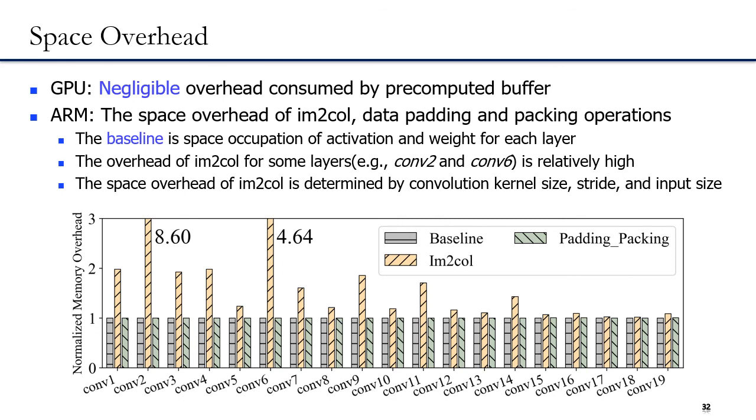We can see that the overhead of image-to-column for some layers is relatively high, for example, Convolution 2 and Convolution 6. The overhead of image-to-column is determined by kernel size, stride, and input size, and the overhead of data padding and packing is determined by the size of the image-to-column matrix and weight.